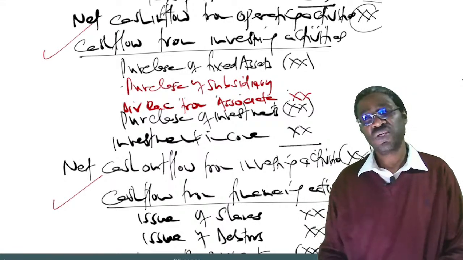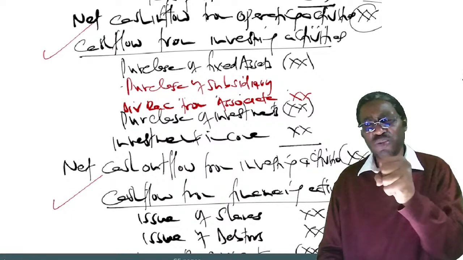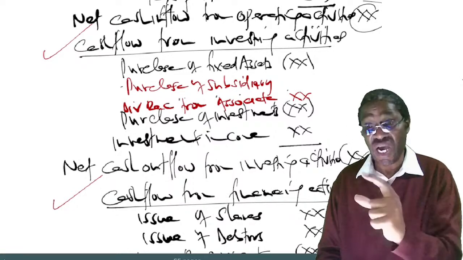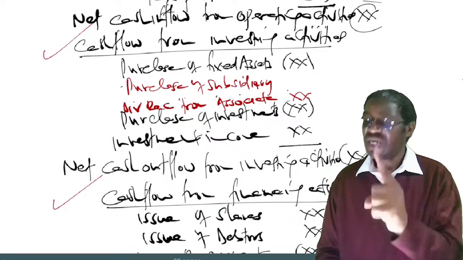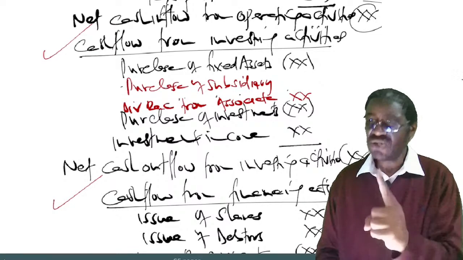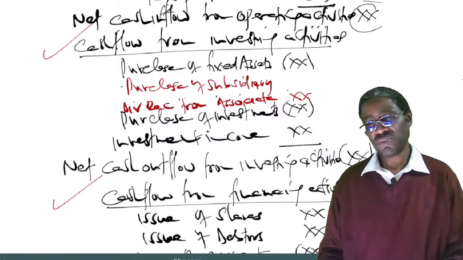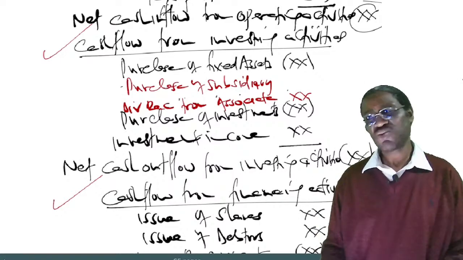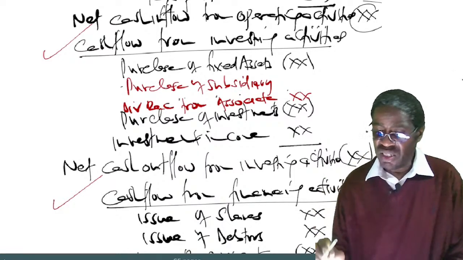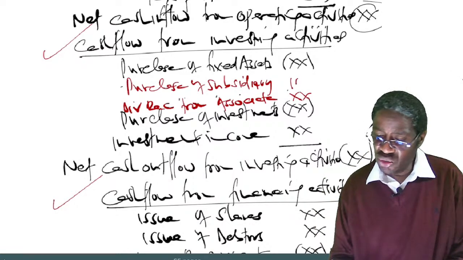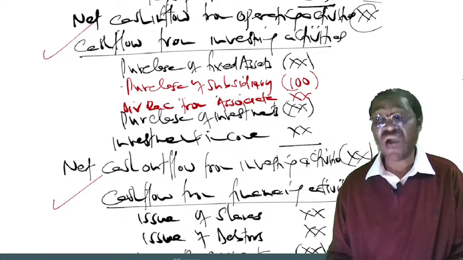So when you acquired this subsidiary company on 1st July, I have said you paid 100 million cash. It's true. That's what you invested. But in this cash flow statement, do you bring in 100 million and say outflow?